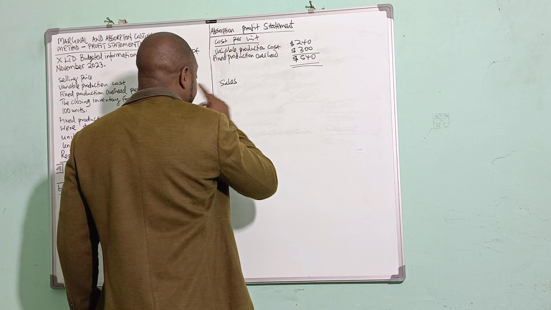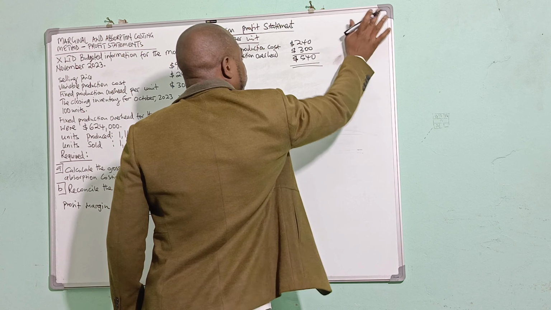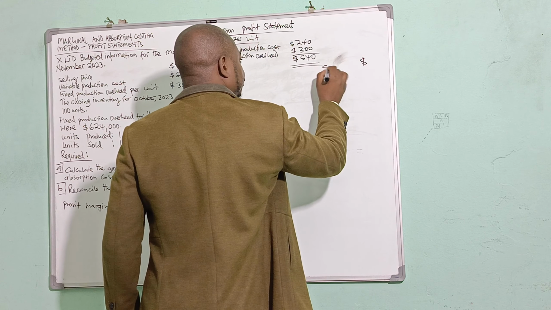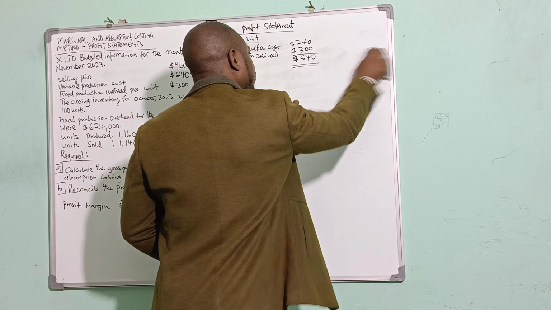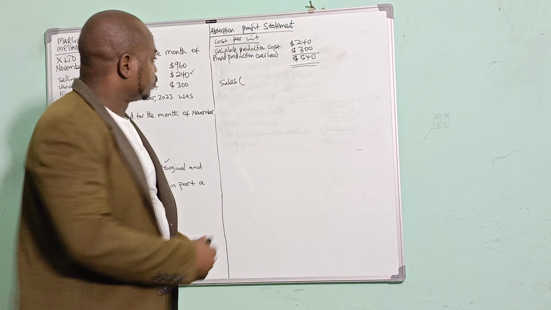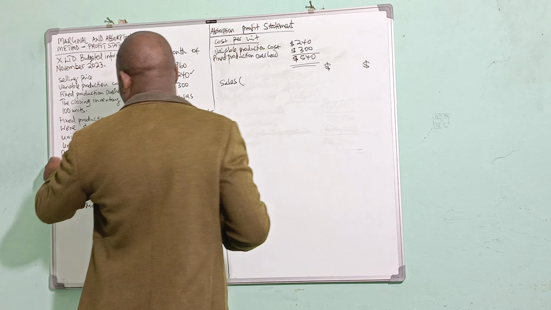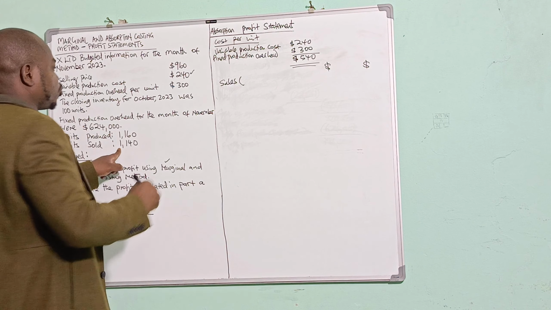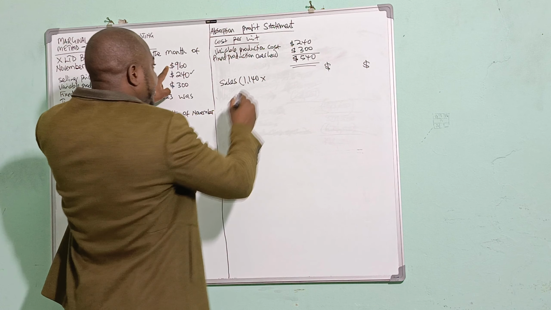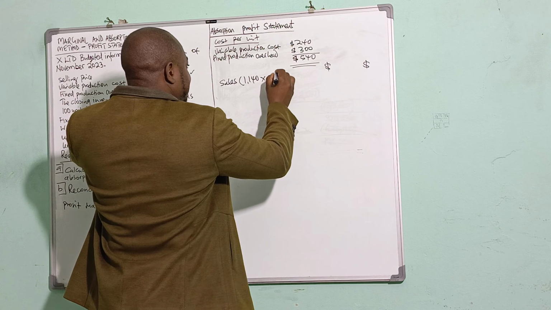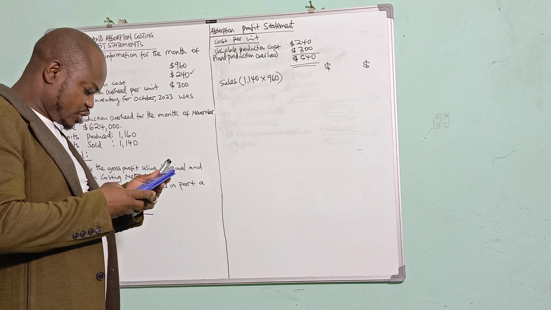So I have the sales here. What were my sales? We sold 1,140 units. We sold them at $960 each. So the sales value will not change.